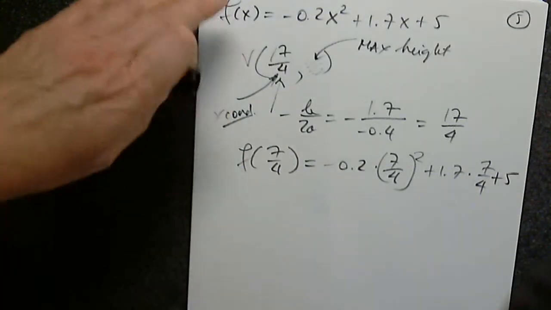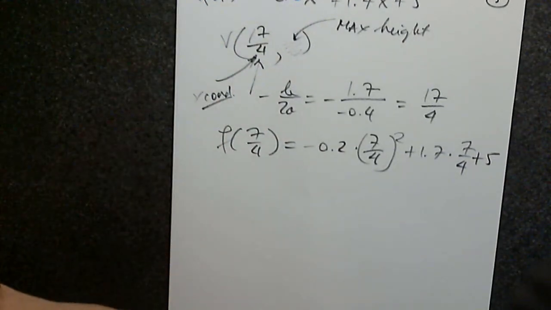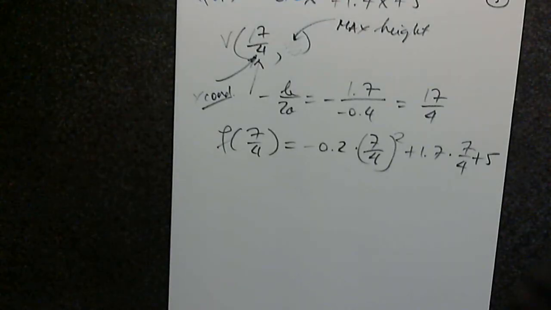When we have decimal numbers in a fraction, I can multiply top and bottom by 10 in this case. Both of them have one decimal digit, so multiplying top and bottom by 10 will not change the answer. And I get 17 divided by 4.